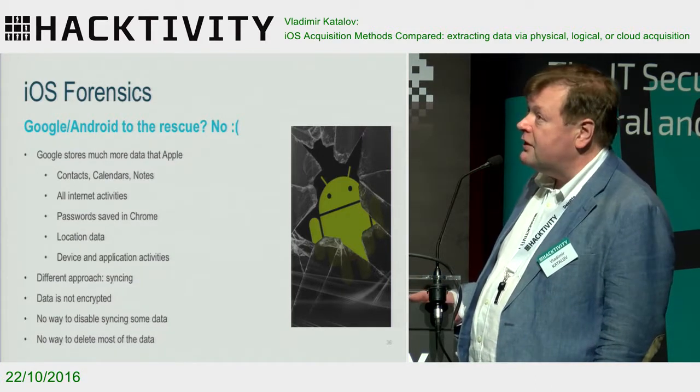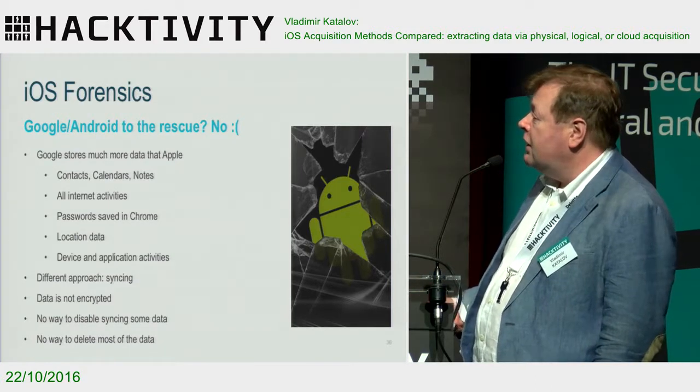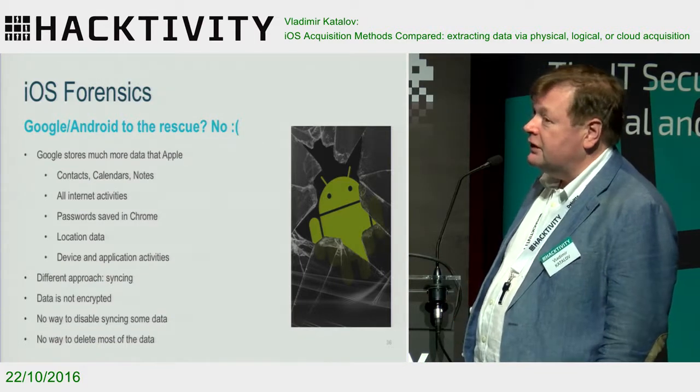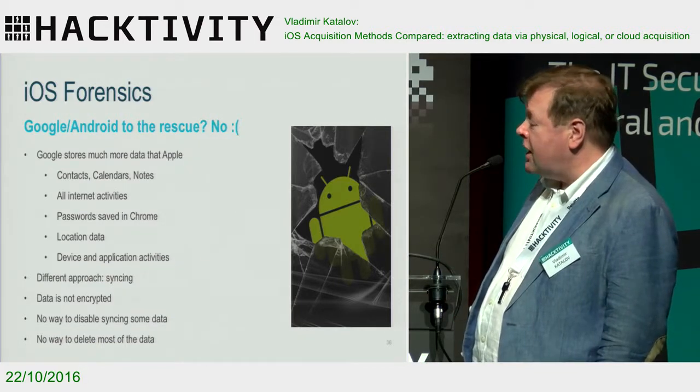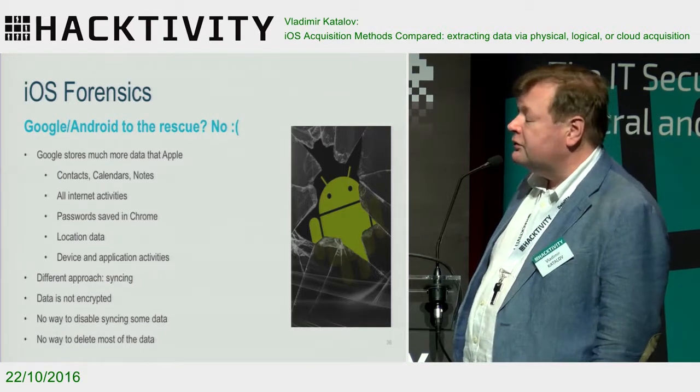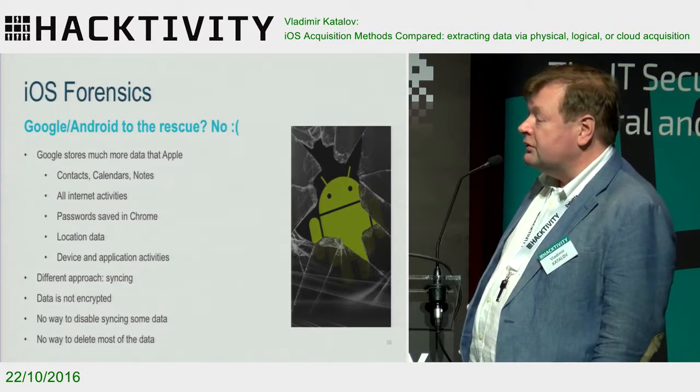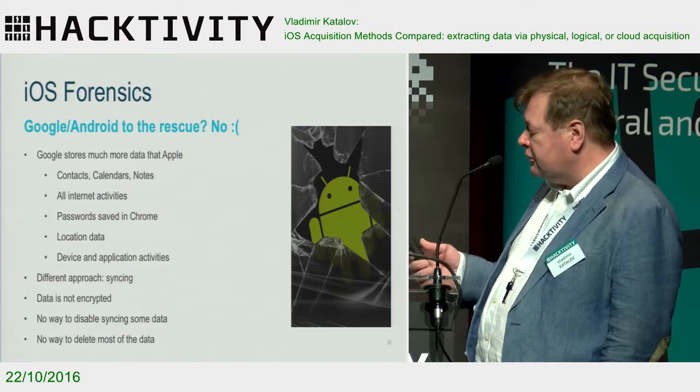And Google doesn't provide any convenient way to delete most of this data. I would really recommend you log into the Google dashboard and download everything from there to see what Google has on you.